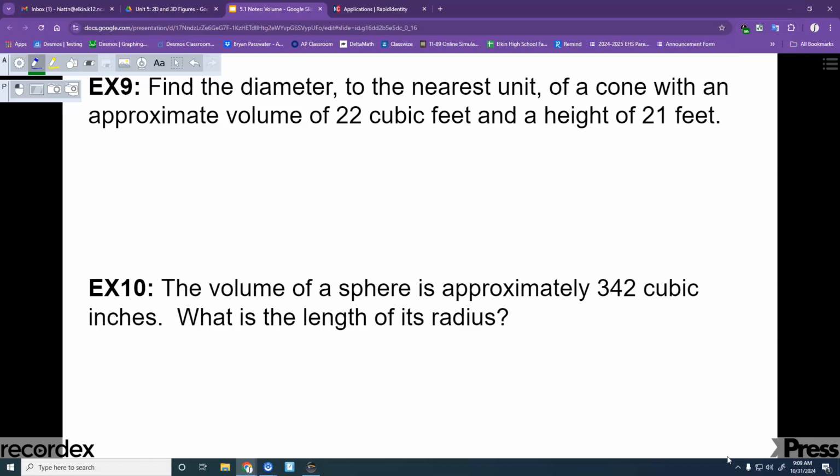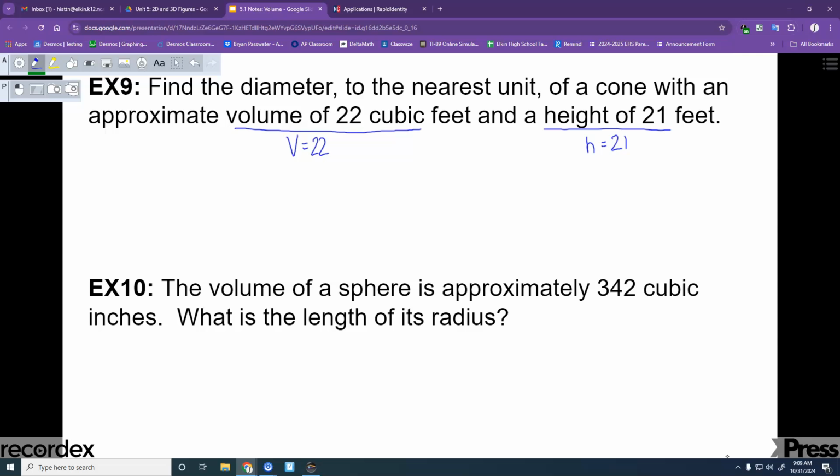So this says, find the diameter to the nearest unit of a cone with an approximate volume of 22 cubic feet and a height of 21 feet. Okay? So when we see this, they gave us volume and they gave us height, right? So volume equals 22 and height equals 21.